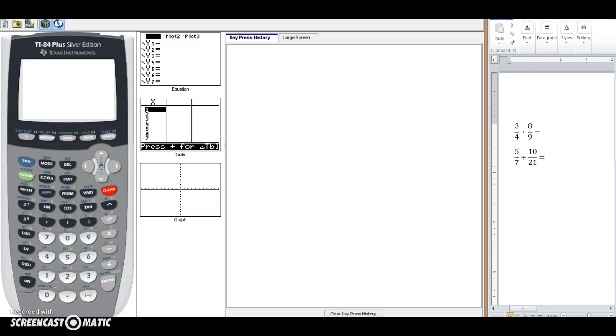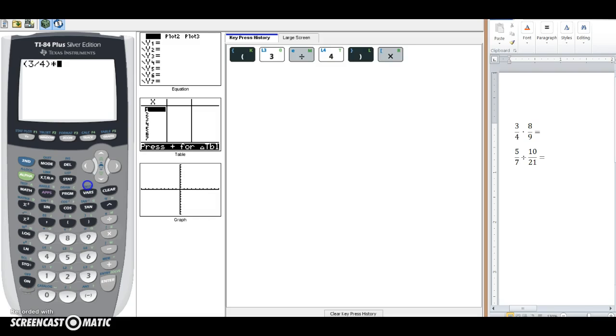We are doing 3/4 multiplied by 8/9, and since we're going to be using parentheses around each fraction, I need to start with the left parenthesis, and then I type 3, divide that by 4, and the right parenthesis to close that, so 3/4.